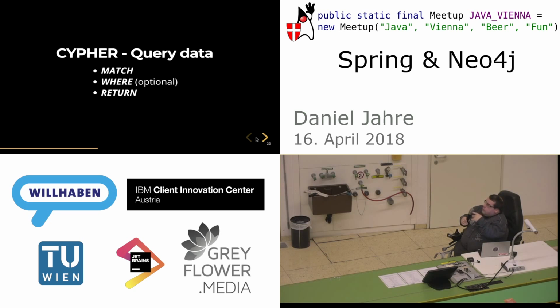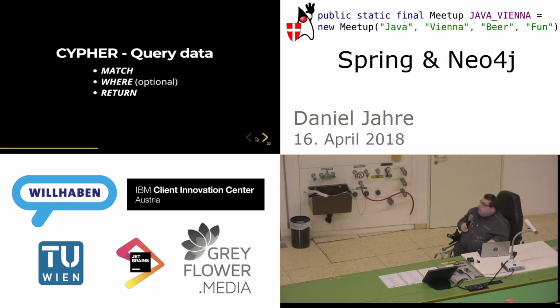The queries are following this pattern. We have the match statements, because we need a start point where we explore the graph data. Then we can filter this with the where statement, but it's optional. And then we define what we want to see from the result set.